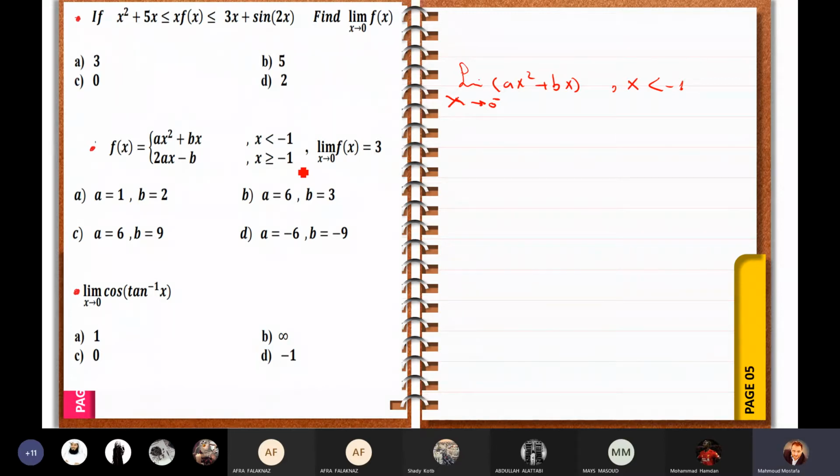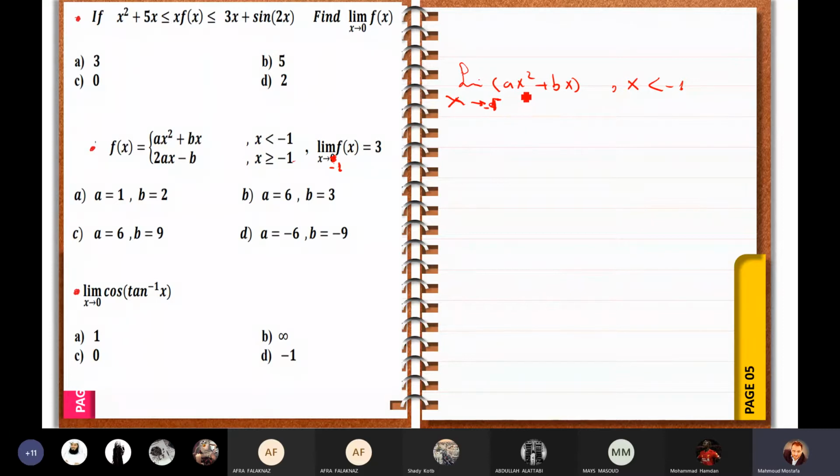I think there is a mistake here. X approaches -1, not 0.